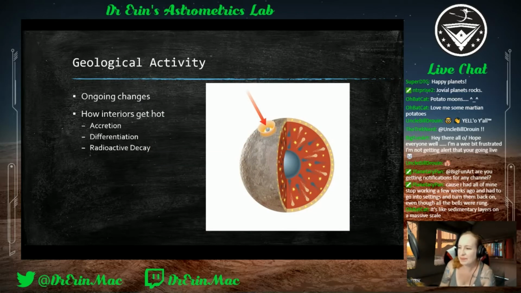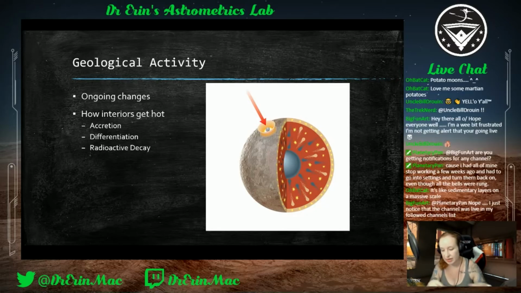And all of that differentiation as a planet is forming actually dictates how the interior layers of a planet get hot. And yeah, Becca, that's a really good point, that when you're talking about sedimentary rocks and the layers there, that's essentially what's going on, because sedimentary rock is the layered rock, and it's settling out the heavier material, the rocks, in this liquid.